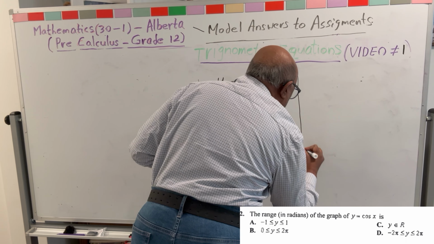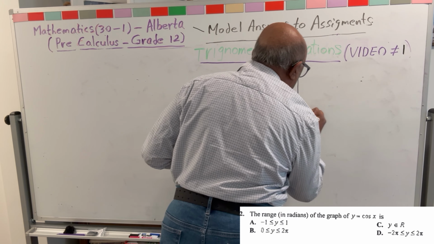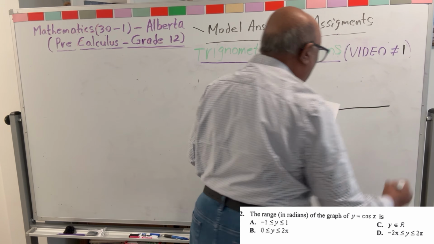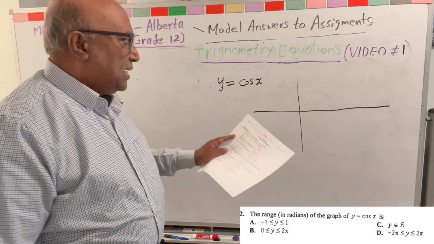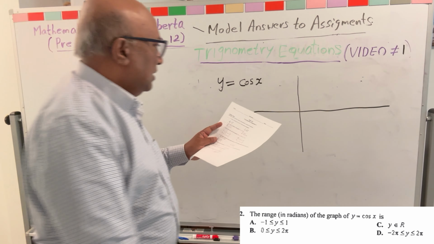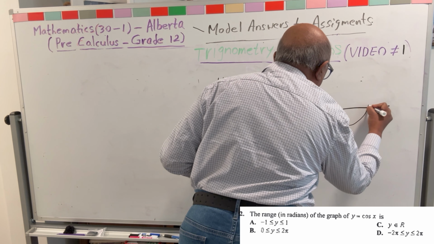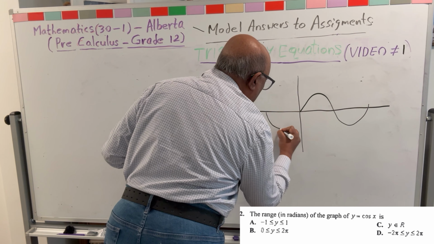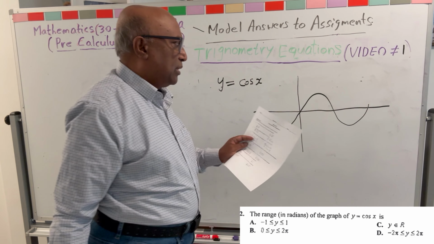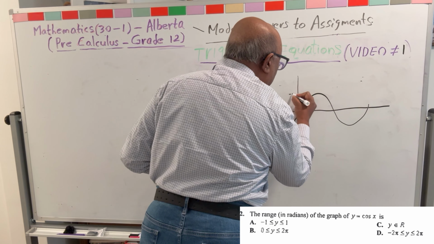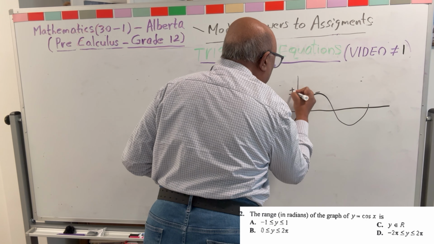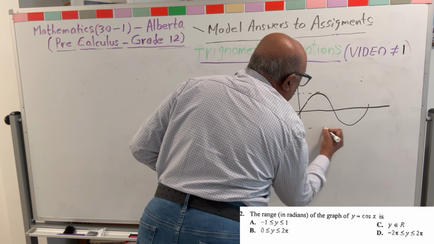In order to understand the range of this basic function, you are able to figure out the answer directly. This is a basic cosine function. This is a partial graph of the cosine function. This maximum value is positive 1. Minimum value is negative 1.